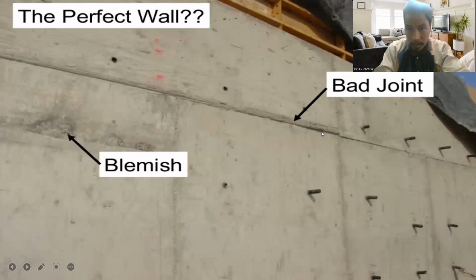Take note, there is a very noticeable uneven surface. So uneven surface, we have a blemish on the surface. So blemishes and uneven, bad joint. So these are additional jobs actually. So a bad Formworks will get you into trouble actually.